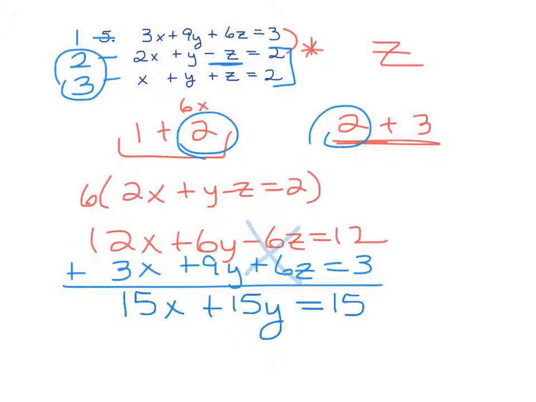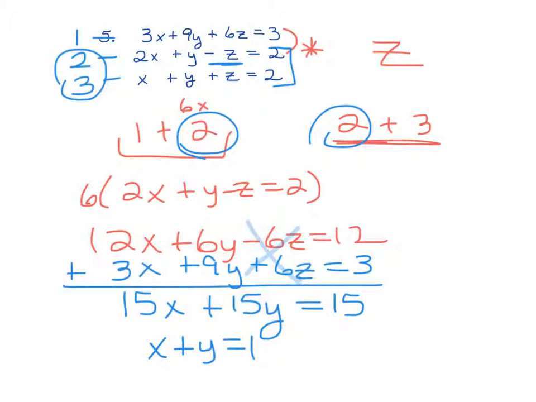Now, I could also reduce that and divide them all by 15 and just make it x plus y equals 1. Does it matter which one, like, so you see how you put the second equation on top instead of the first one? Does it matter? No, it doesn't matter. Just line them up. So the x's are on top of each other, the y's, just like that.